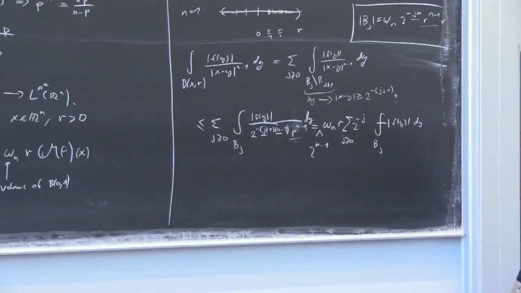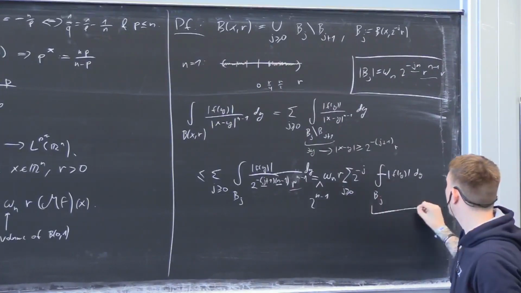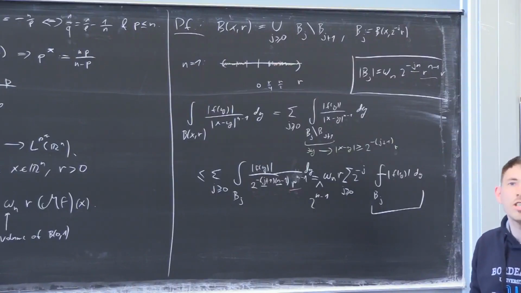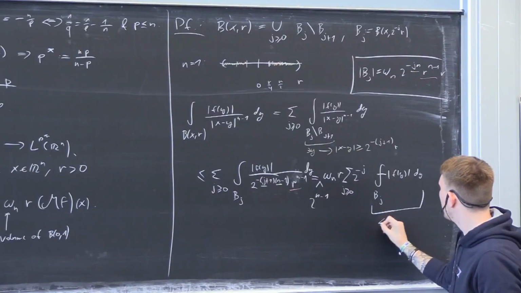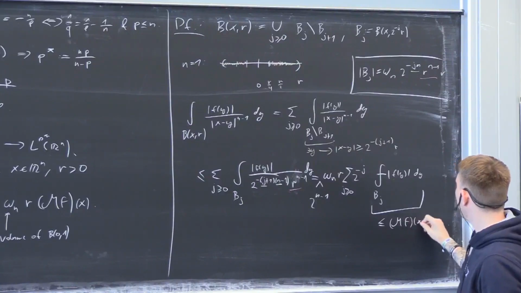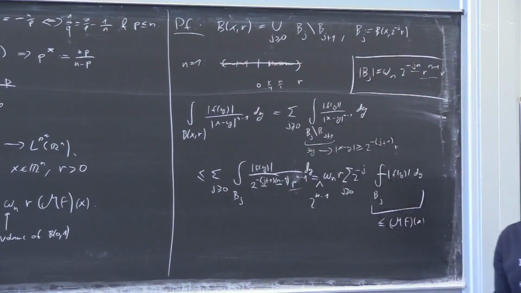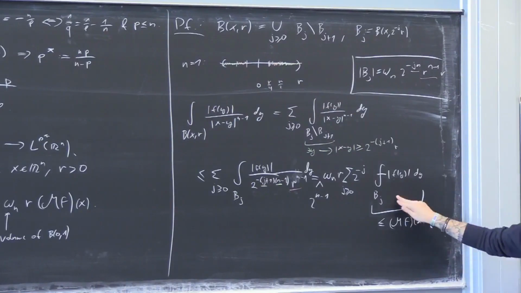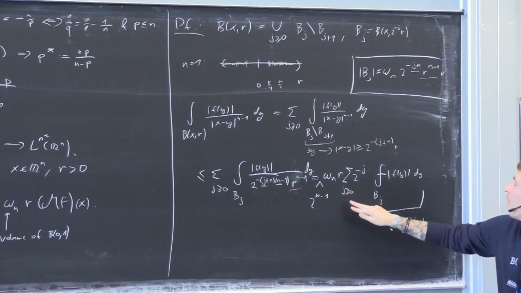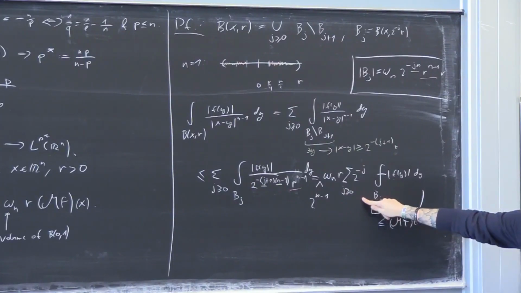Okay, and as I said before, this object here can, by definition of the maximal function, be controlled by Mf evaluated at x. These bj's are all balls centered in x, so by definition this is controlled by Mf(x). So in particular, we can pull it out of the sum over these j's. Then I simply calculate this geometric sum, which gives me 2.